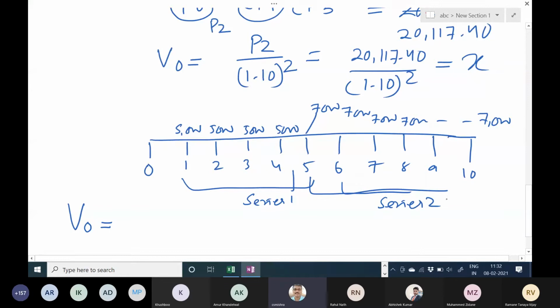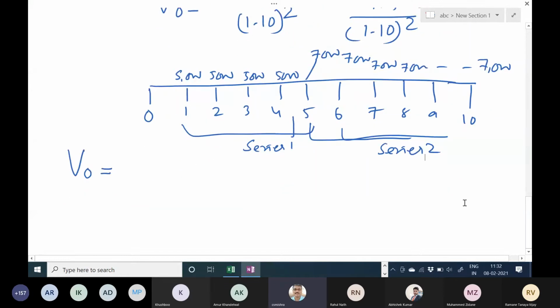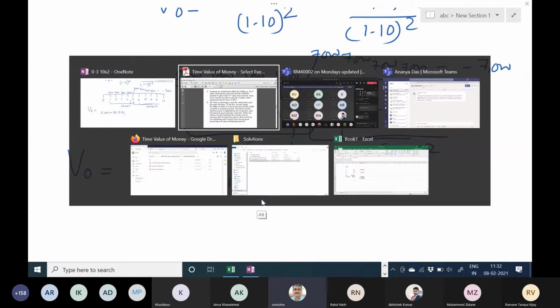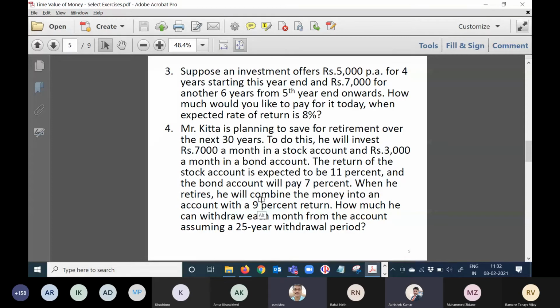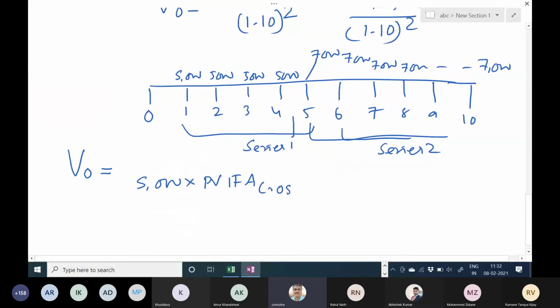As far as series 1 is concerned, no problem. 5,000 into PVIFA, 0.08, comma 4 years. What will be that value?